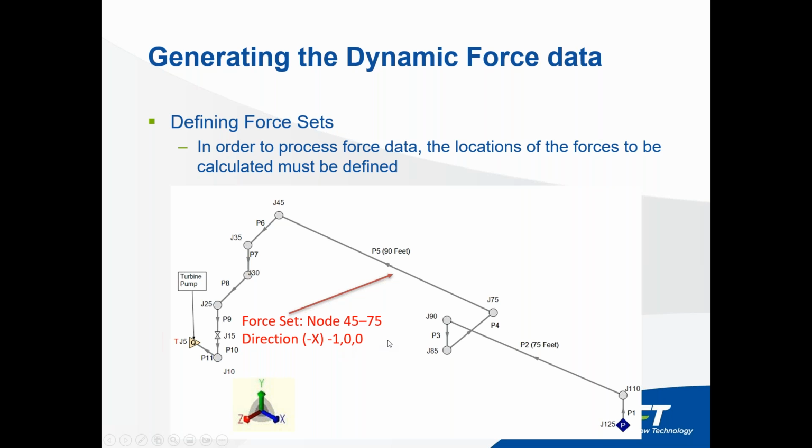So we multiply by -1 to properly apply the sense of the load reported by Impulse. The other force set that we're going to create is from 90 to 110. We're going to call it force set 90 to 110. And the same thing, it's going to be applied in the -X direction because for Impulse, positive is in this sense, and for Caesar, positive is in the contrary sense.